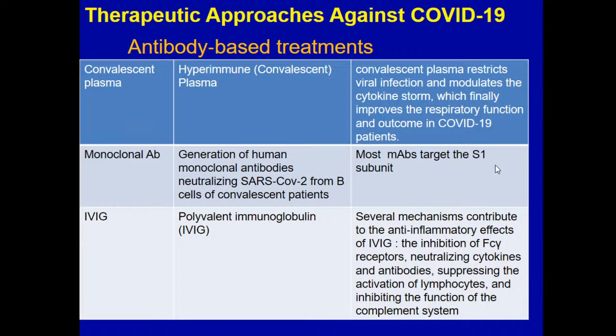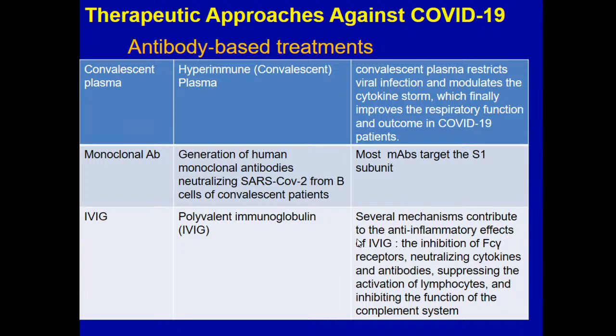They usually target the S1 subunit of the spike protein. And intravenous immunoglobulins are taken from convalescent patients and concentrated.